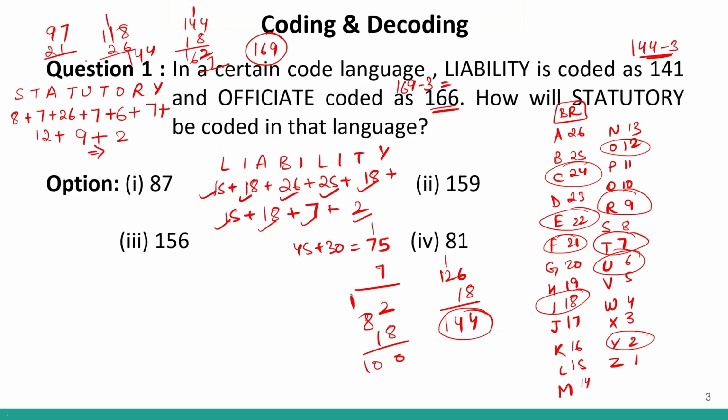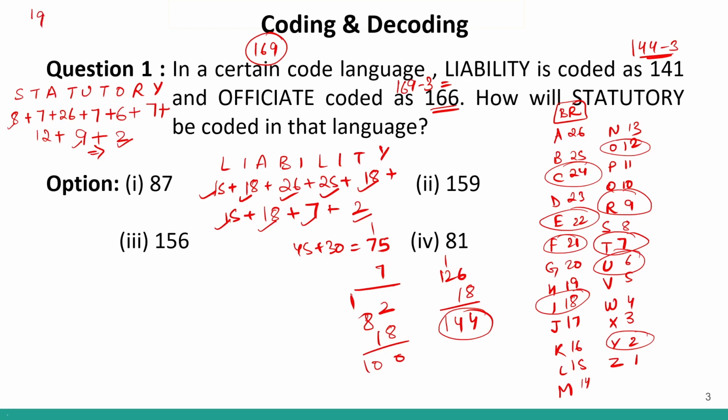Correct? Let us find the sum. 9 plus 8 will give me how much? 17. 17 plus 2 will give me 19.